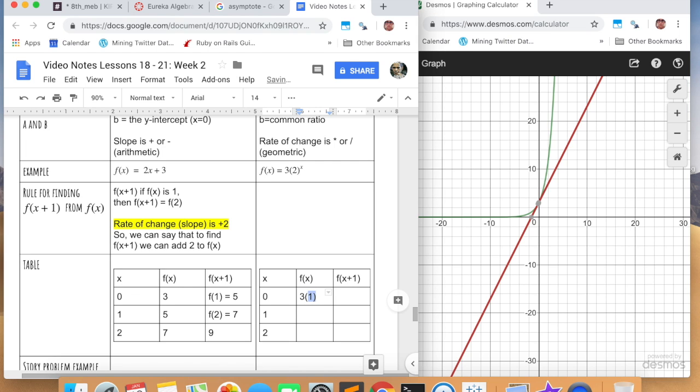For this initial column of f of x, all I'm doing is substituting the value of x for your exponent, reminding you that the equation here is 3 times 2 to the power of x.